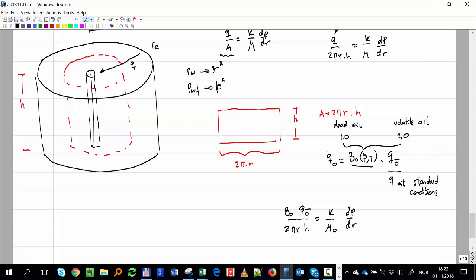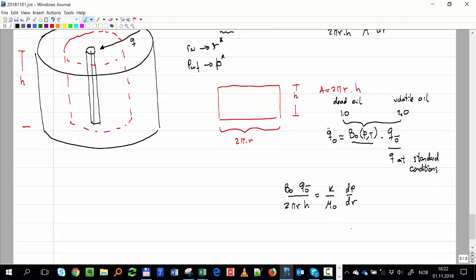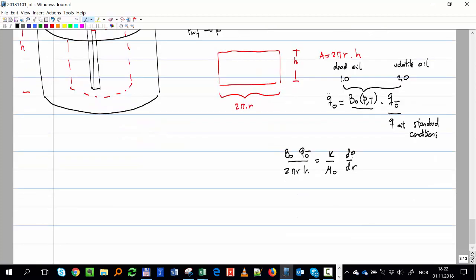We have to separate variables. So we move everything that has to do with pressure to one side, everything that has to do with radius to the other side, and we are going to have a constant someplace. So what depends on pressure here? The properties, right? BO, and the viscosity has some dependence on pressure.